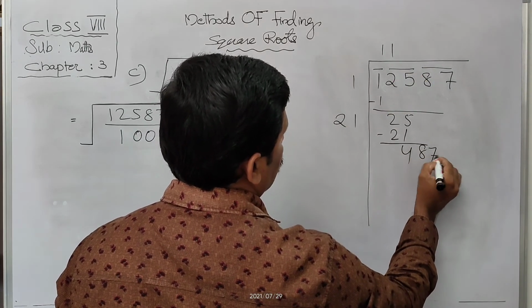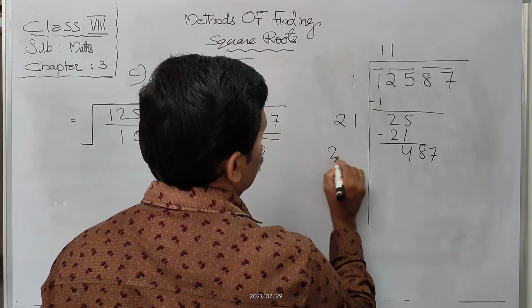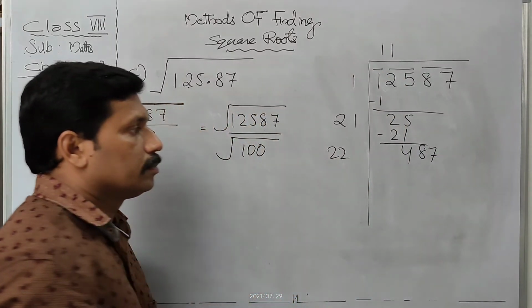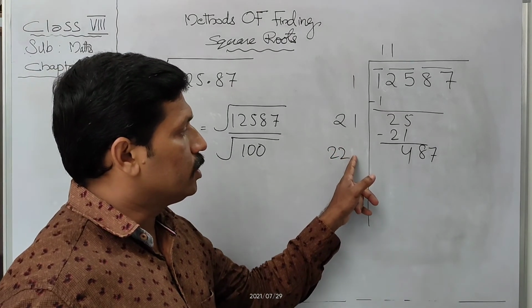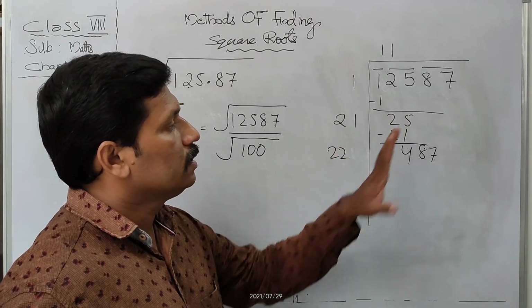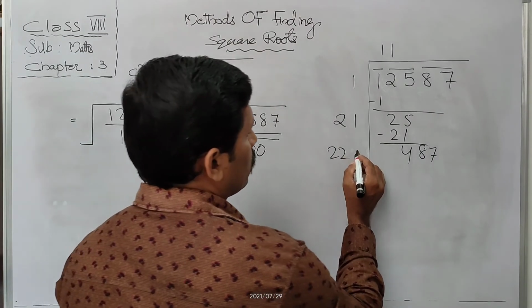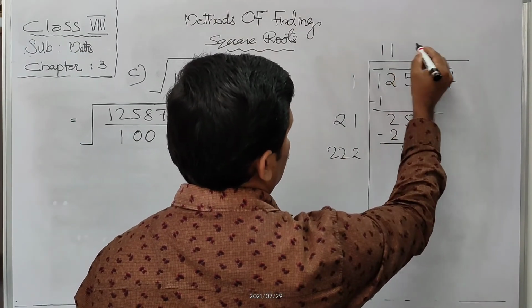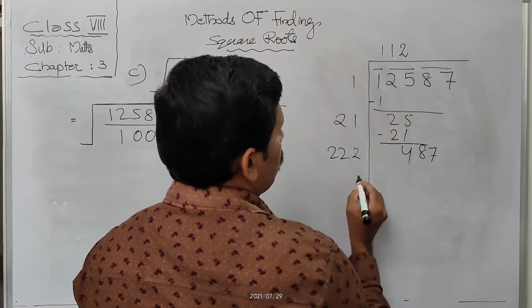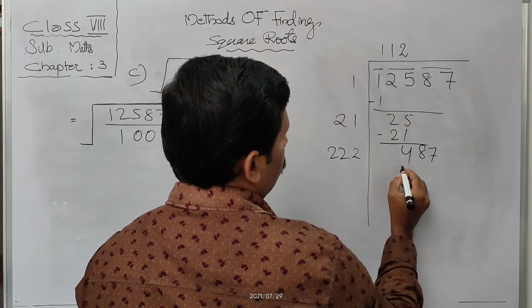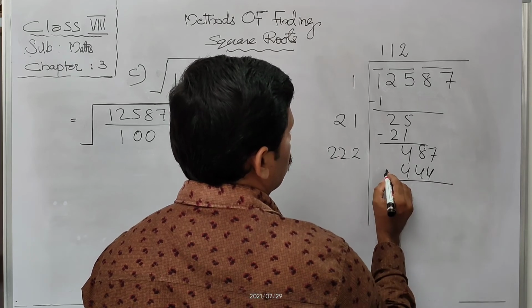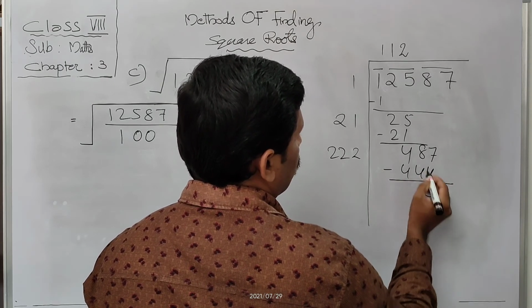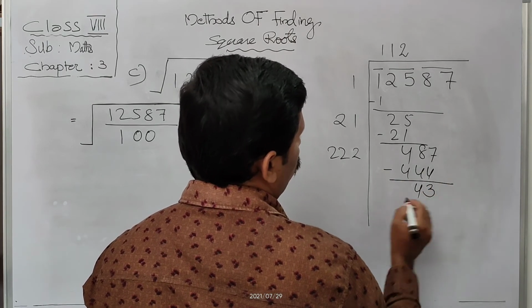Next group 87, double of this 1 1 is 22. Which number do we have to multiply here so that we get the same number? It is 2, and here also we write 2. Then 4, 44. This we subtract, and we got 43.